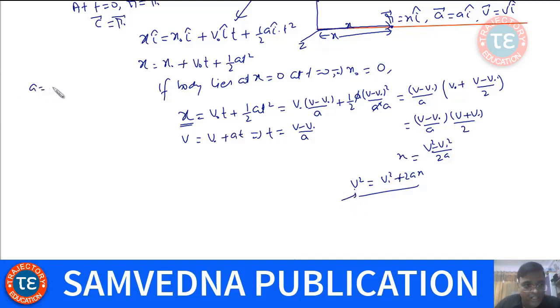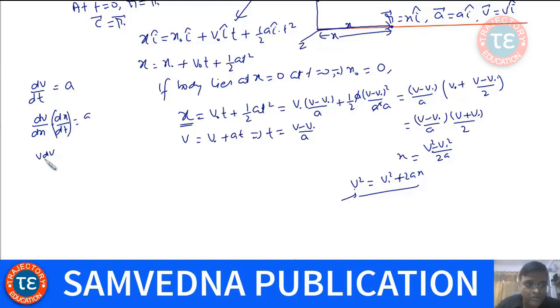I can get this formula easily. If a is the acceleration, I'll tell you in very short how this is coming. dv by dt is a, the acceleration. Suppose I am taking the one dimensional case. This dv by dt can be written as dv by dx into dx by dt.